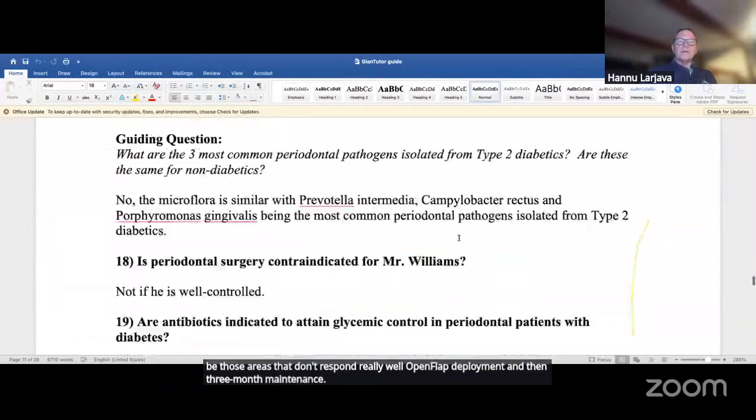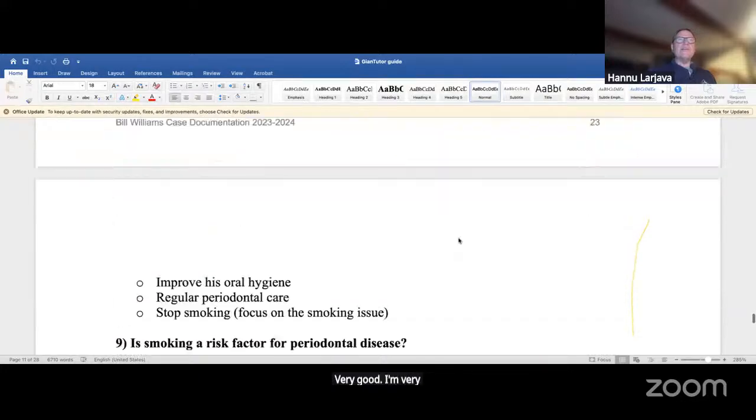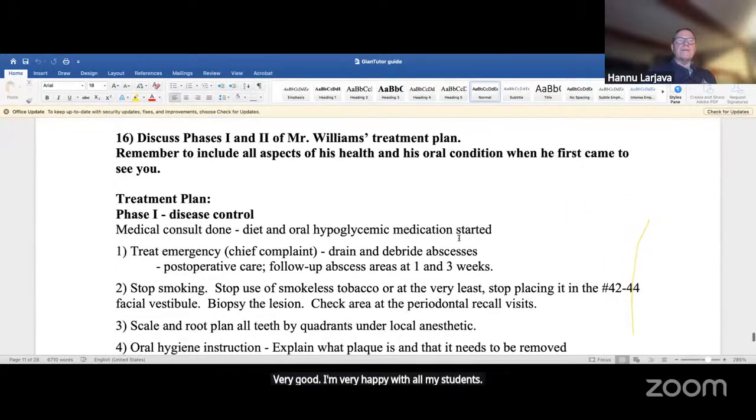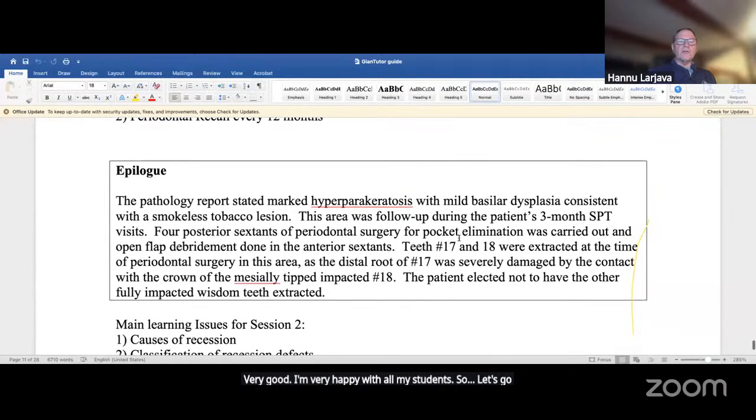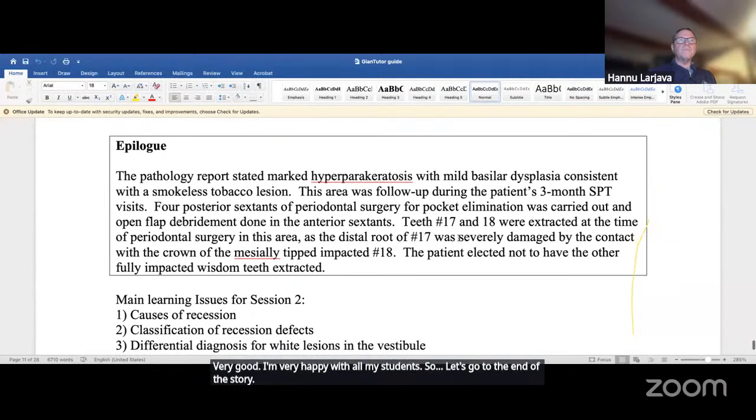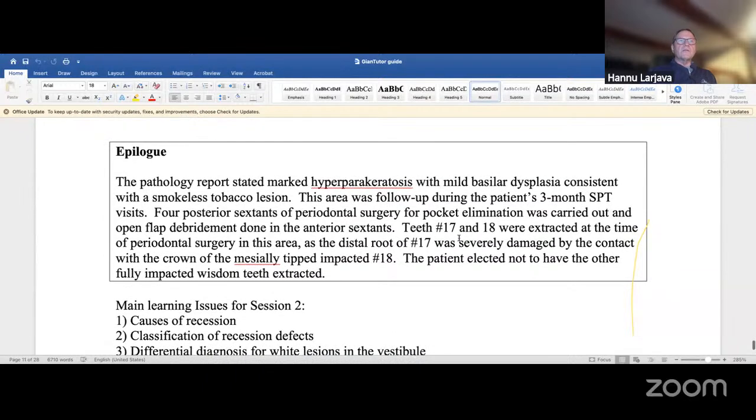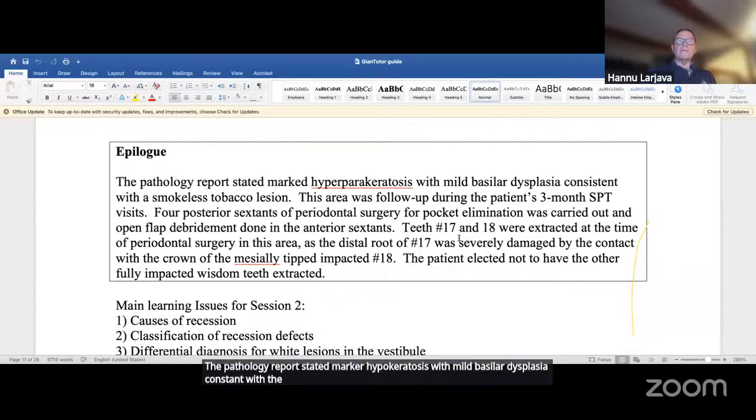Very good. I'm very happy with all my students. So let's go to the end of the story. The pathology report stated marked hyperkeratosis with mild basilar dysplasia consistent with a smokeless tobacco lesion.